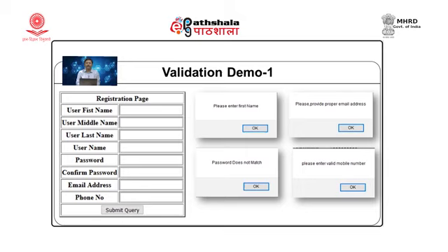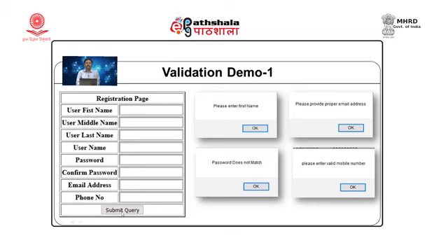Now, here I write down one code to demonstrate validation. Here the user's first name, middle name and last name are required fields, username is also a required field, password and confirm password should match, and email address and phone number are validated using the regular expressions discussed earlier.